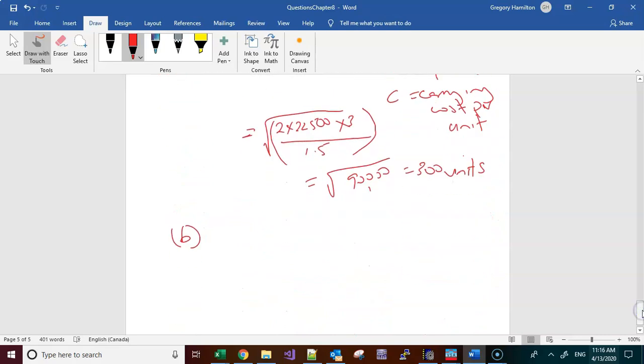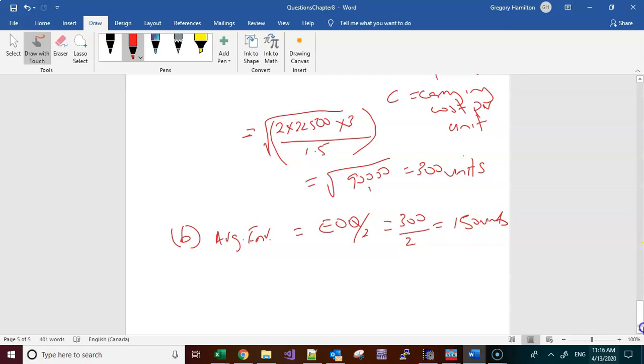So average inventory is just taking the economic order quantity and dividing it by 2. So average inventory is equal to Q divided by 2, which is equal to 300 over 2, equal to 150 units.